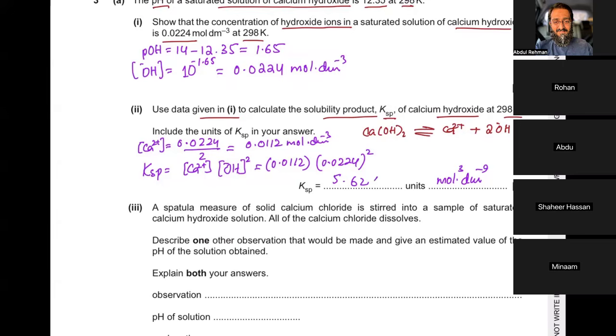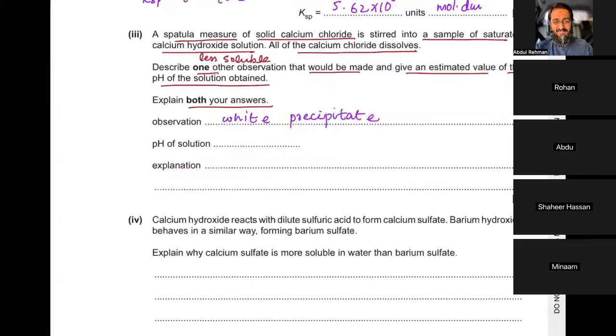Well, we are actually not sure whether all of the calcium hydroxide is precipitated out or not. So there is a chance that some of the hydroxide ions are left behind. So the pH would be around 8 or 7.5. It's slightly alkaline. So that's how we predict the pH.